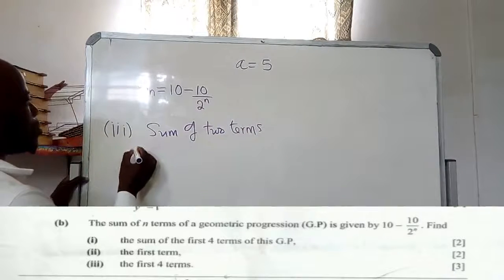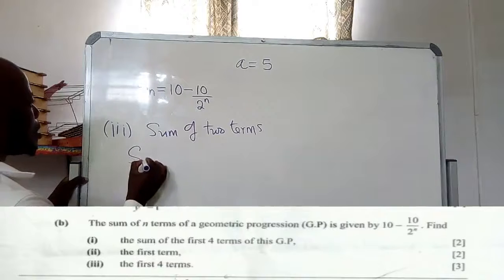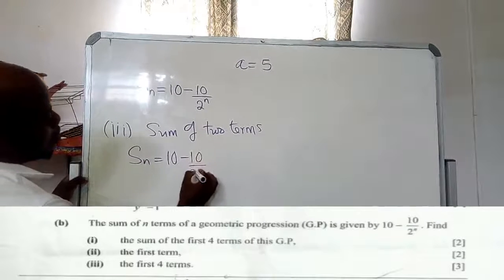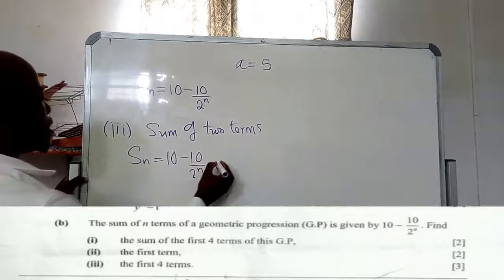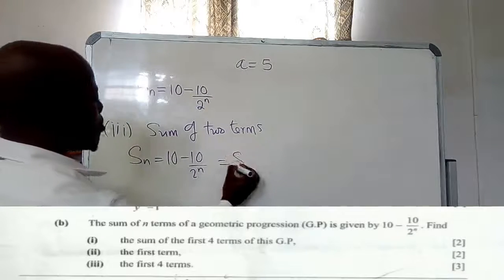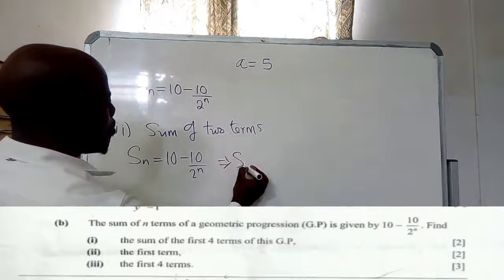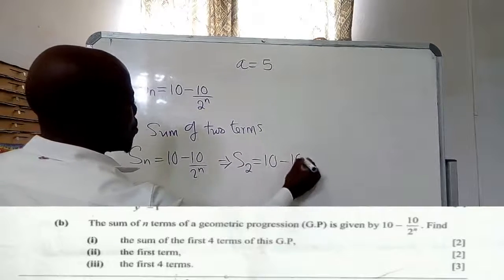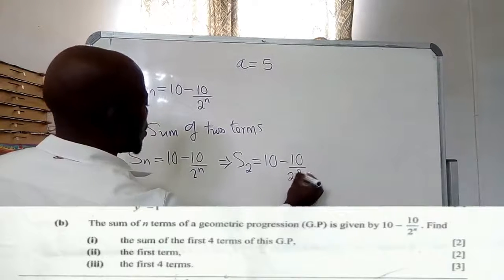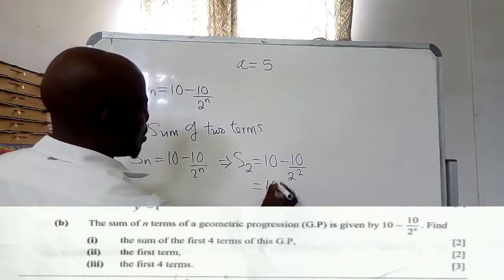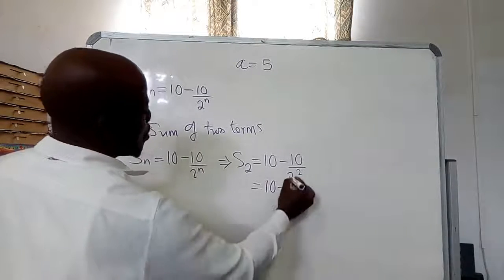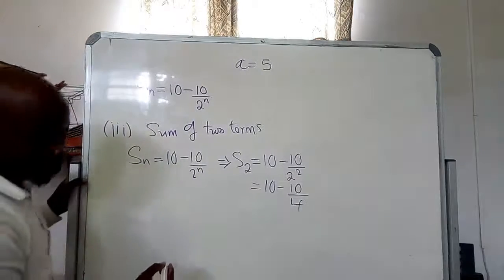This is the first step, where we get this formula the way it looks, and then we say sum of 2 terms. So wherever we see n, we are putting 2. It will be like this. This one will be 4, since 2 to the power 2 is 4.